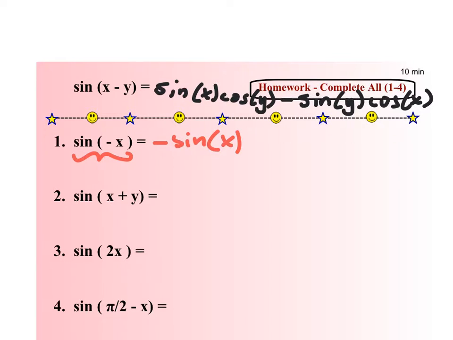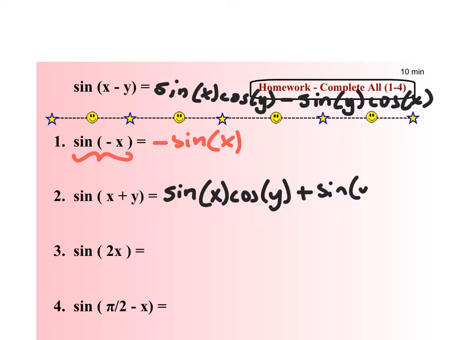Sine of x plus y is going to be the same as sine of x minus y, except it's going to have a plus in between. So sine of x cosine of y plus sine of y cosine of x. So in sines, the sign is the same. In cosines, the signs are contradictory or the opposite.